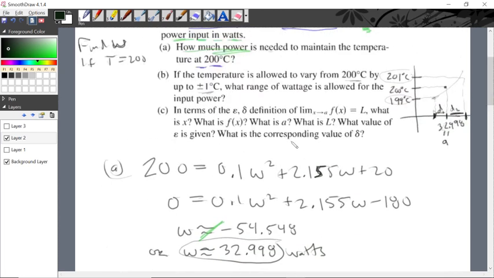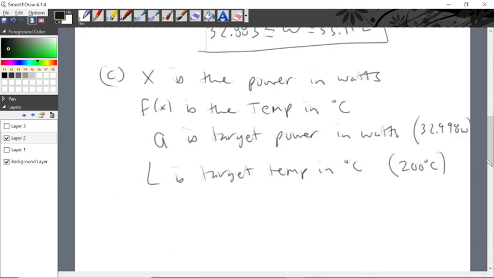What is the value of epsilon that is given? The given value of epsilon is 1 degree Celsius. That's how far above or below the target of 200 that we're allowing ourselves to go.